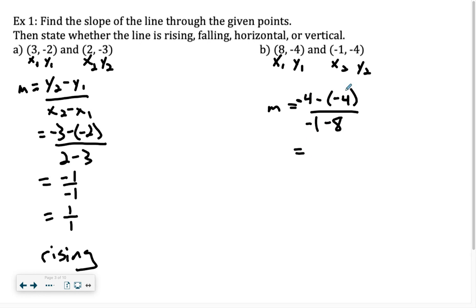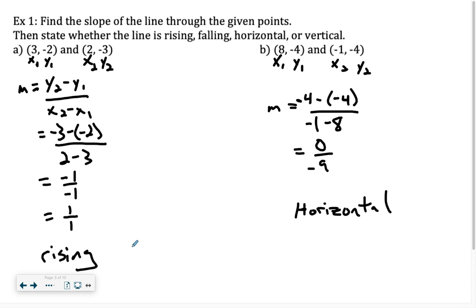So -4 minus -4 would be -4 plus 4, which would be 0 over -9. So if we get 0 in the numerator, that means there is no rise. That means we would have a horizontal line. So whenever we have a slope of 0, we get a horizontal line.